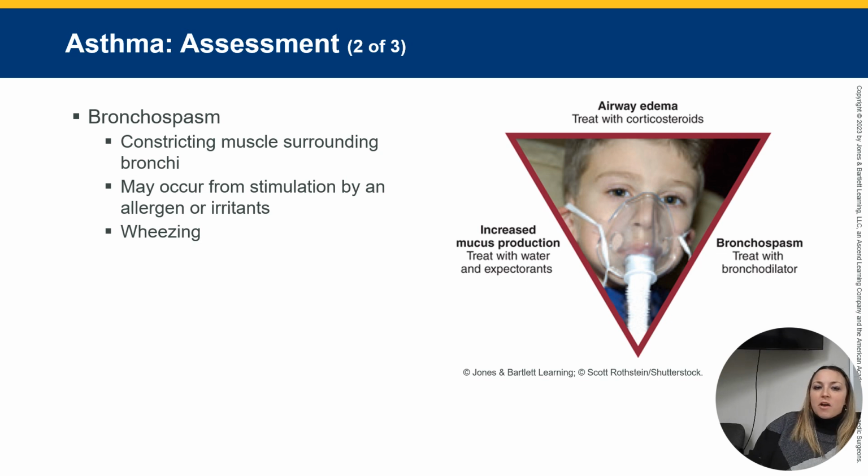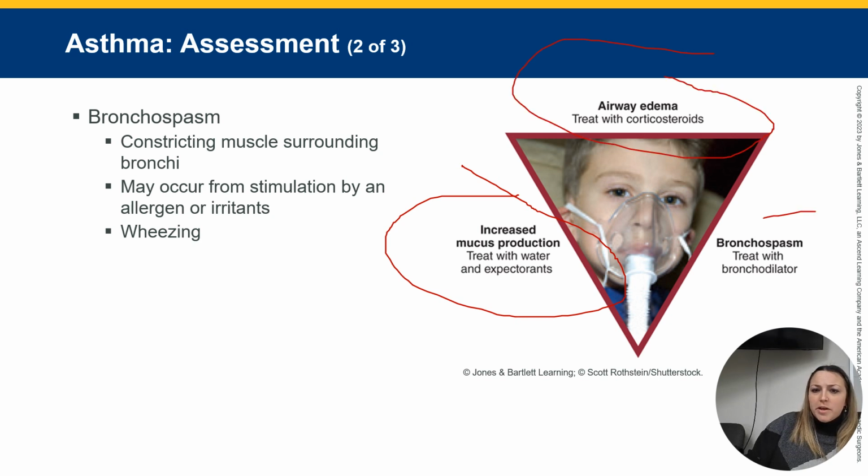That can be from the stimulation from an allergen or irritant or whatever caused it. So understanding that, we want to treat with a bronchodilator, and we want to make sure we treat with corticosteroids, and also with water and expectorants.